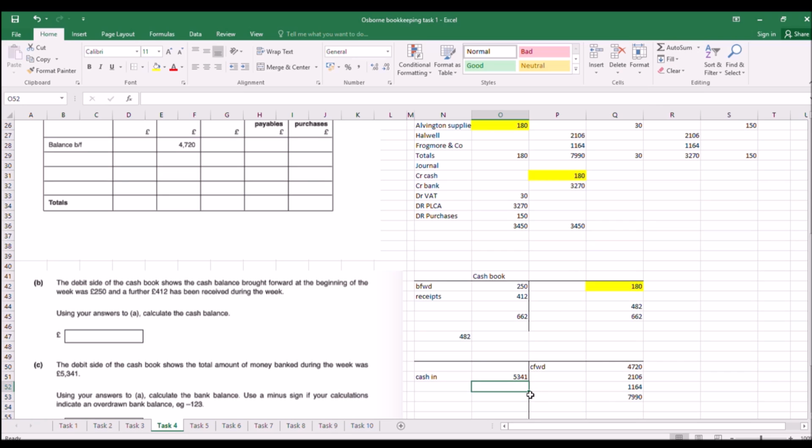So to balance this off, our carried down, or brought down, whatever you want to call it, would be that minus that. Okay.